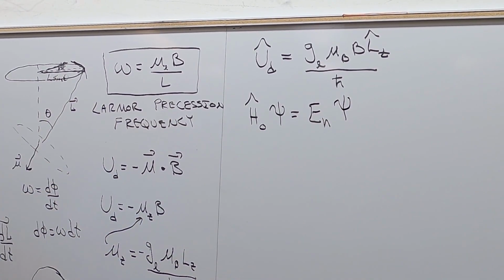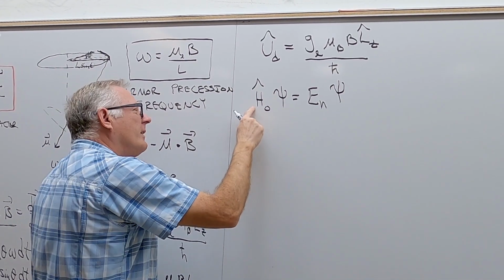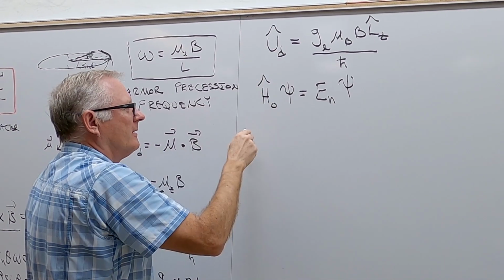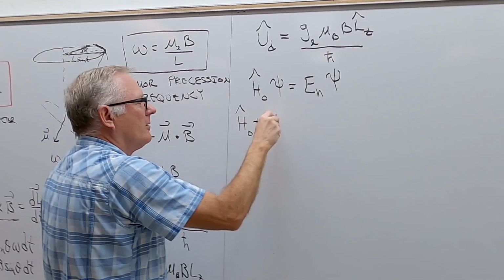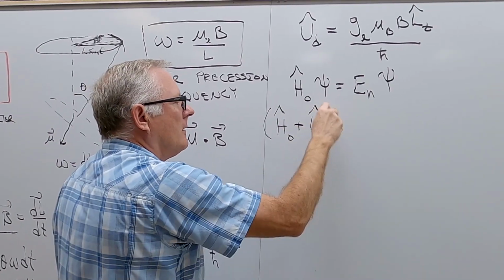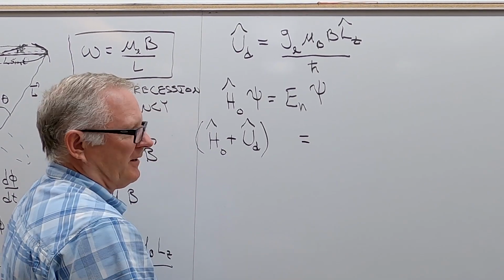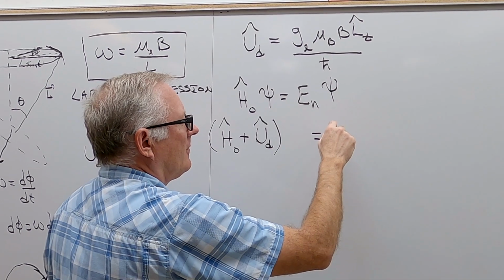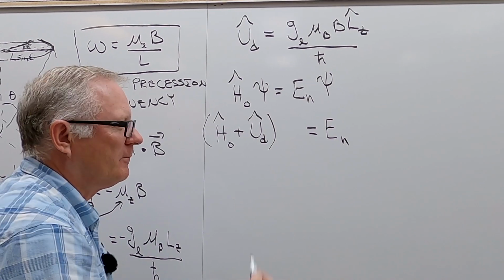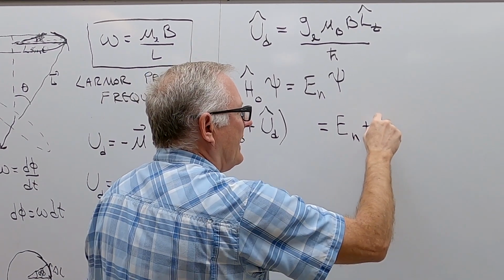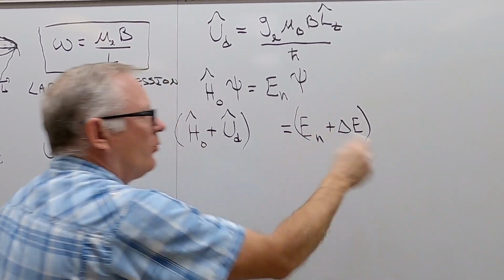But now we have a slightly different H. We have what we had before, but now we also have that one. So now it's H plus U_D acting on some wave function equals some new energy. Maybe I'll write it as E, what we had before, plus some delta E, some change, times the new wave function right here.